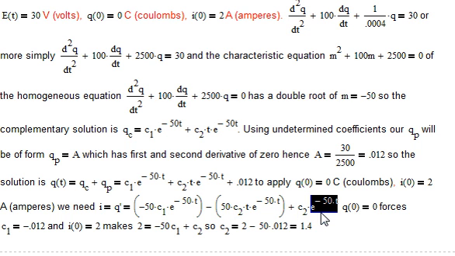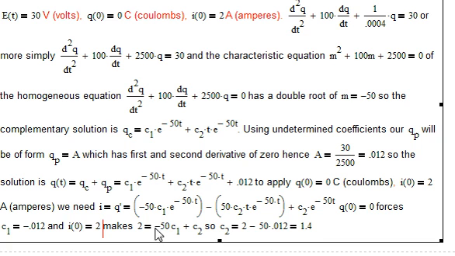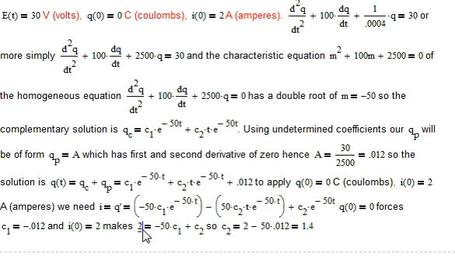So the derivative of this times C2t, or sorry, this times the derivative of C2t is just C2. And Q of 0 equals 0 forces C1 to be negative 0.012. I of 0 equals 2 makes 2.